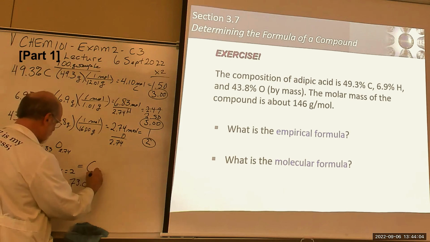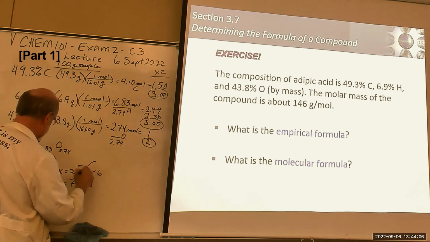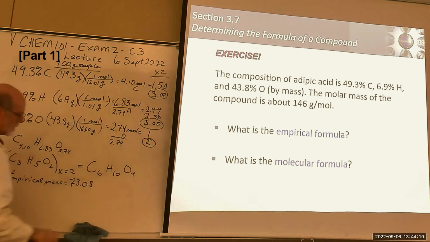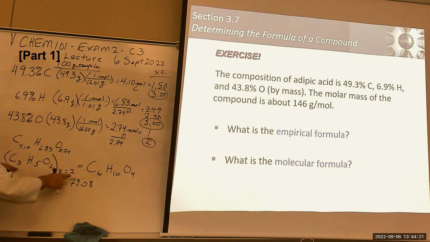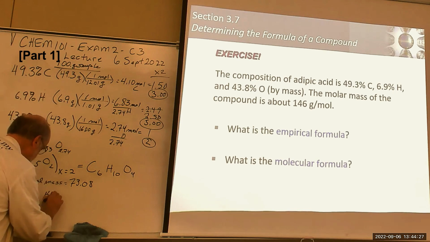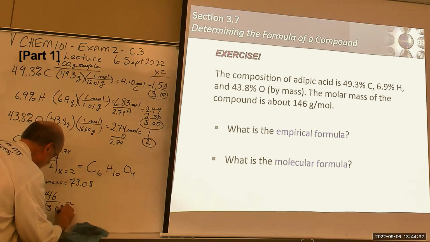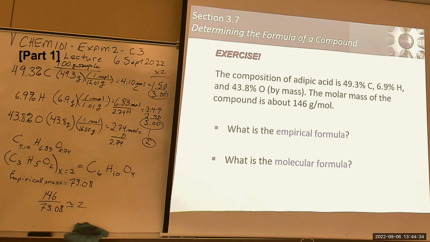And that means the molecular formula is C6H10O4. How'd you get the last one, the 2? 2 times 3, 2 times 5, and 2 times 4. Where'd you get the 2 from? I got it from 146 divided by 73.08, and that's about 2.